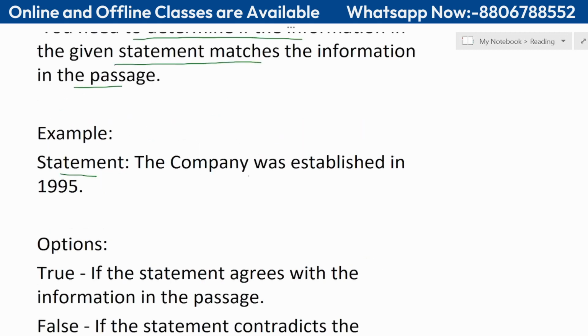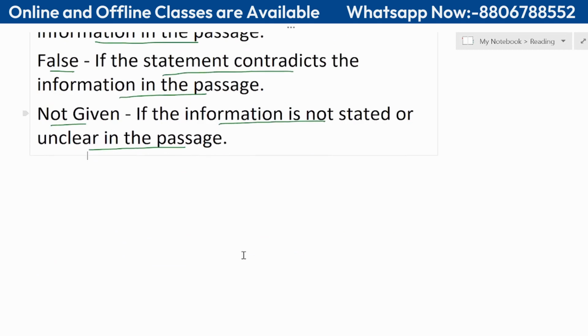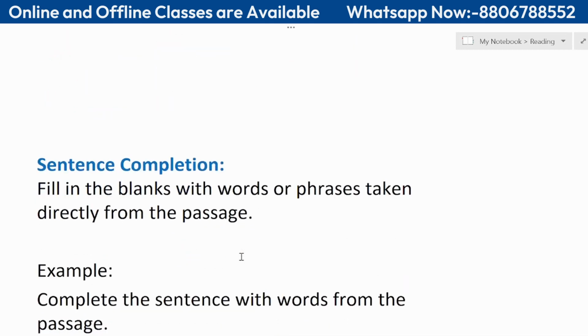The company was established in 1995, and the options are as follows. You select true if the statement agrees with the information in the passage. You select the option false if the statement contradicts the information in the passage, and you select the option not given if the information is not stated or unclear in the passage. So this is one of the questions which is frequently asked, so you need to get yourself thorough with this type of question in order to score well in the IELTS exam.